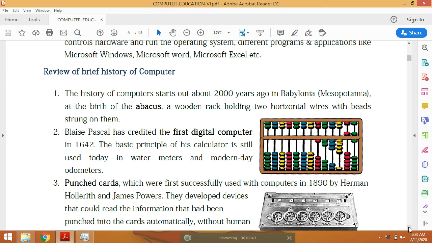If you have seen your motorcycle or scooty, there is a speedometer to indicate at what speed your vehicle is running. So the first digital computer was designed by Blaise Pascal in 1642.